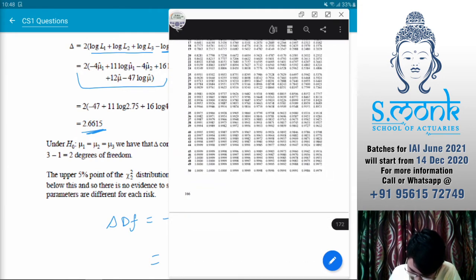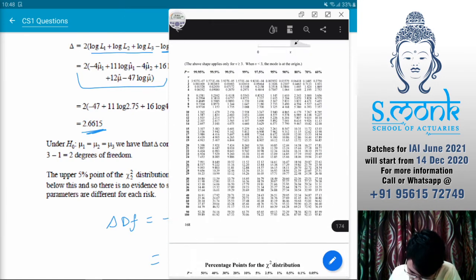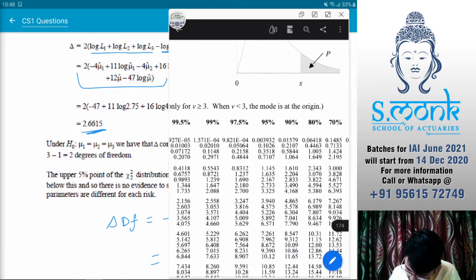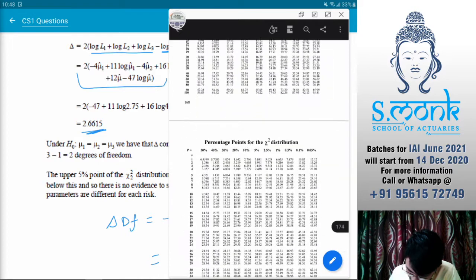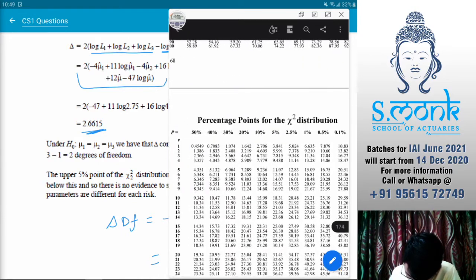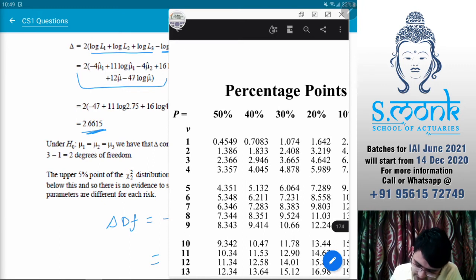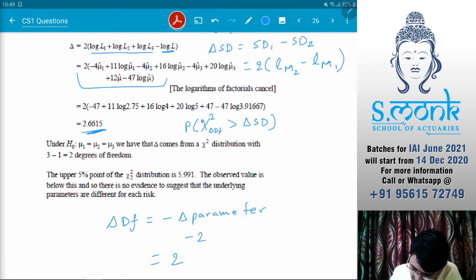Degree of freedom 2 for this 2.66. You can see 2.66 is going to be between 30% and 20%. So the p-value is less than 30% and greater than 20%.